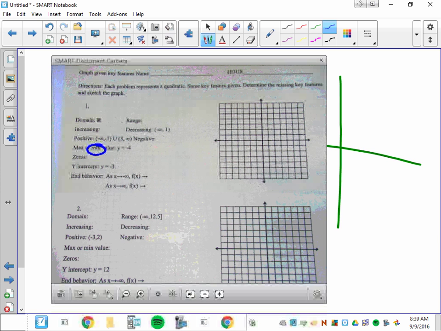So I'm going to go down to y equals negative 4, and I'm going to draw a dotted line, and that dotted line tells me I can't go below there. Wherever the parabola is situated on this graph, the bottom of it is going to hit that dotted line. Does everybody understand? Okay? What else do we know?